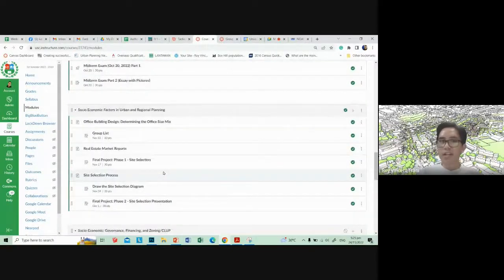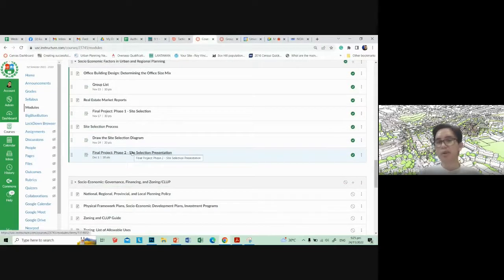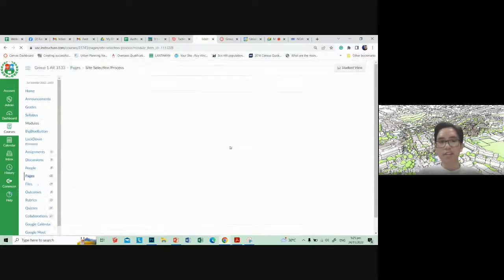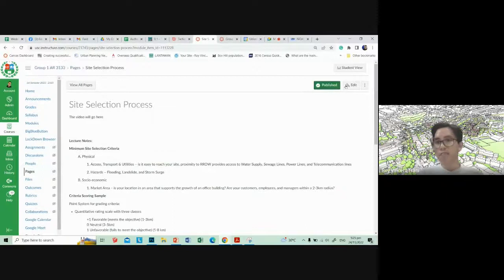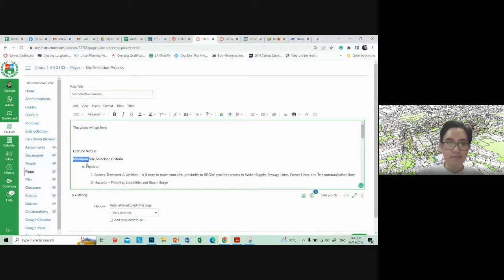Which may not be directly relevant for your final project, but it's still good to know. You might think of a new criterion that we didn't discuss. But for me, the minimum criteria are accessibility, hazards, and market area. You can add more. This is just my minimum. So I'll highlight it even more, in red.